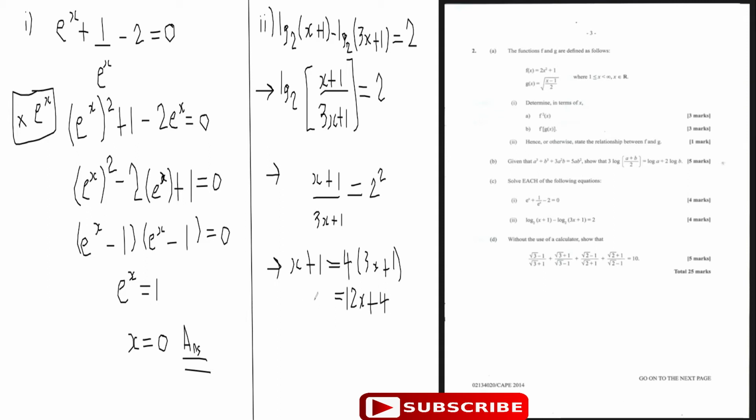We need x's on one side, so I'm going to bring this x over here to make it 11x, and bring this 4 over here to make it 1 minus 4, which is negative 3. Then I divide through by 11 to get x is negative 3 over 11. That's the answer.